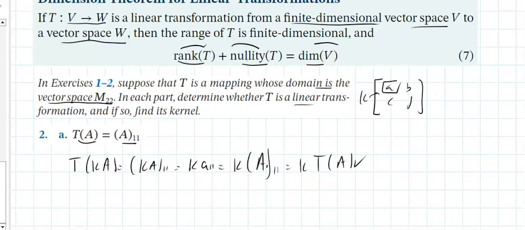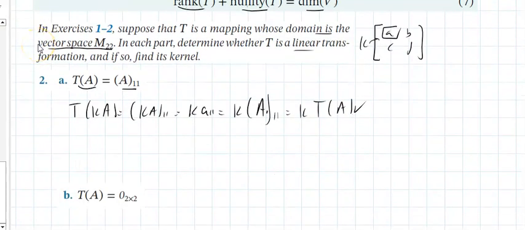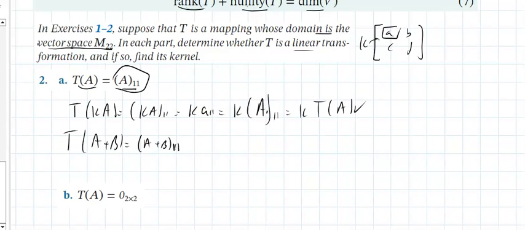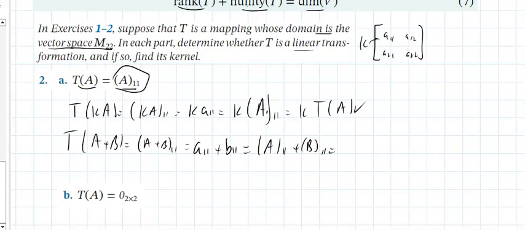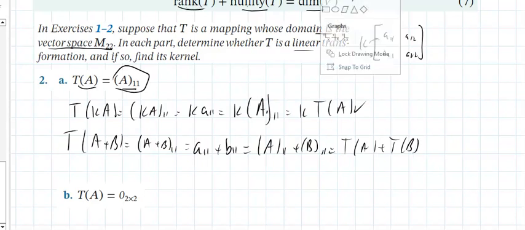So the constant multiplier holds, and if I take two matrices A and B, then that's going to be (A plus B) sub 1,1. So this is going to be a sub 1,1 plus b sub 1,1, so the addition holds as well.